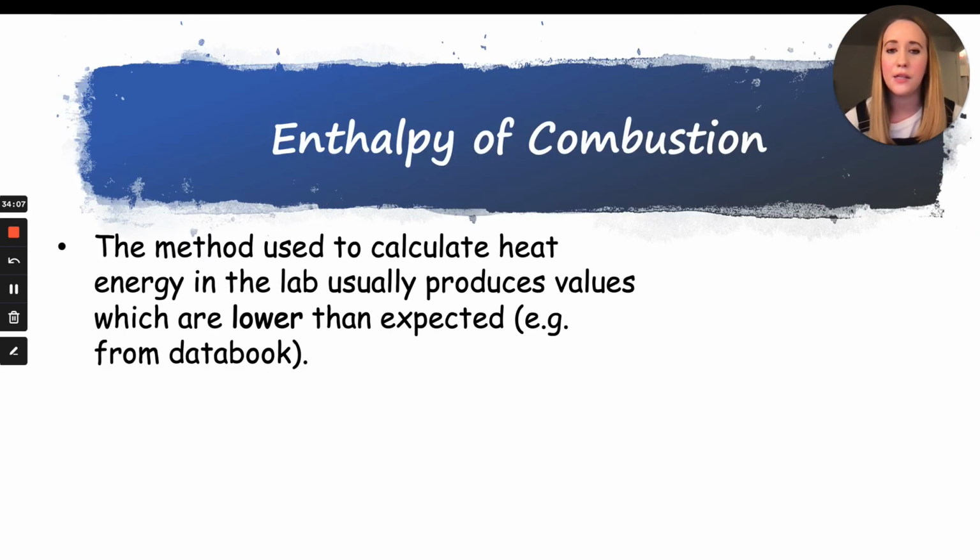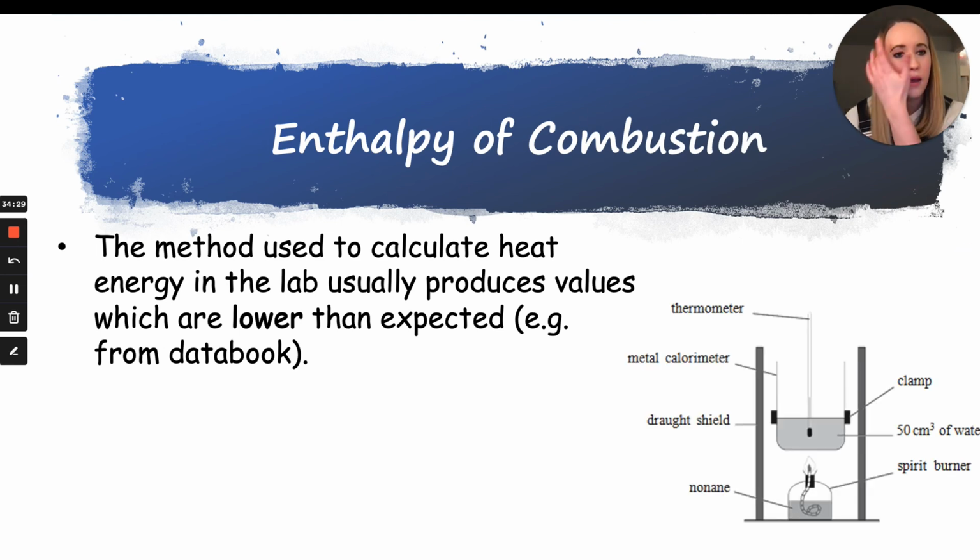And that is typically the case when we do experiments in the lab to try and work out enthalpy of combustion or the heat released. We usually get much lower values than we should. Okay, so when we compare them to values in the data book, they're going to be lower than what the data book says. And it's because of the apparatus we're using and the setup that we have.